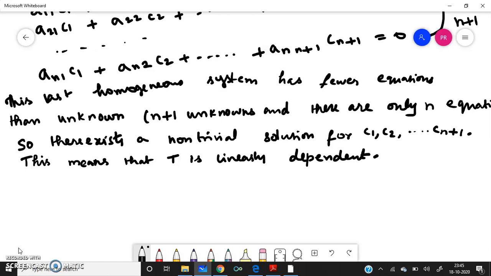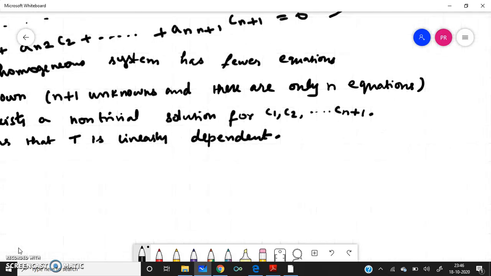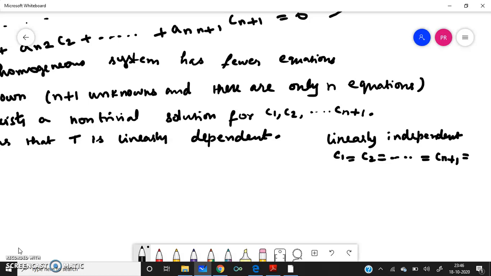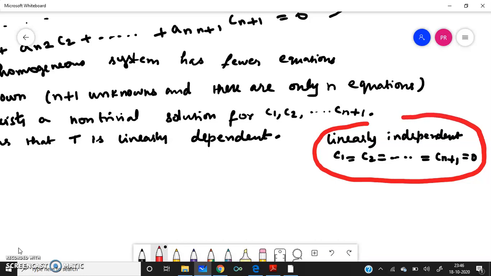If it were linearly independent, what would happen?